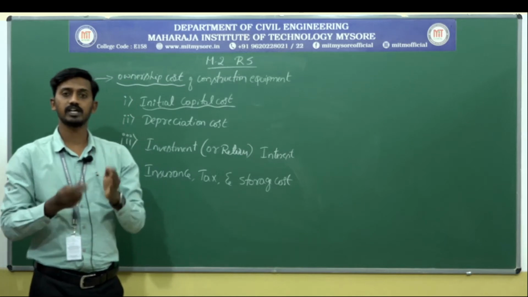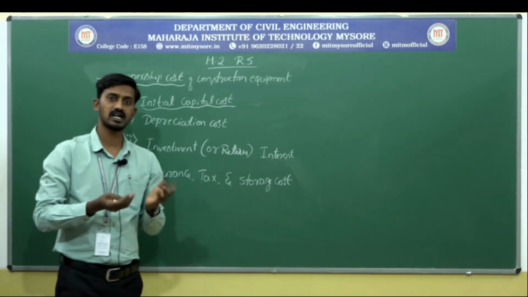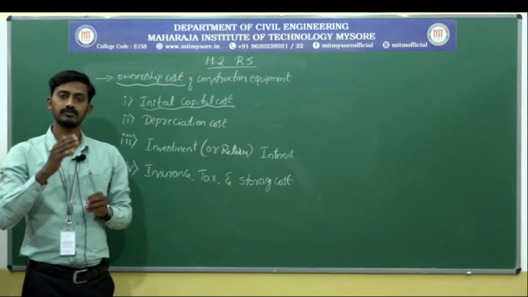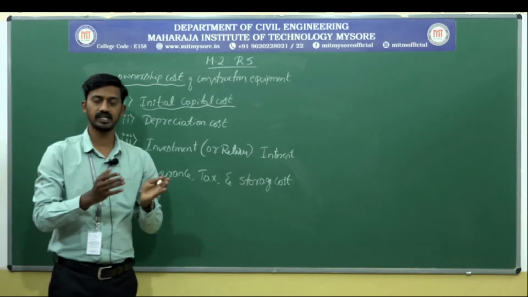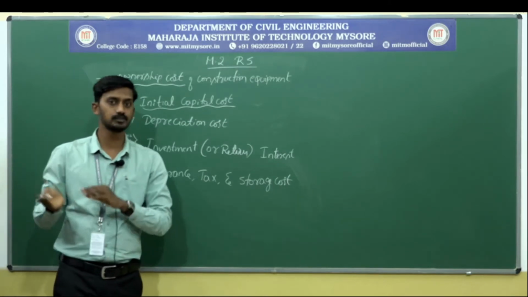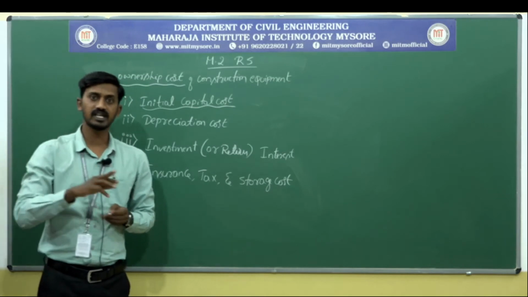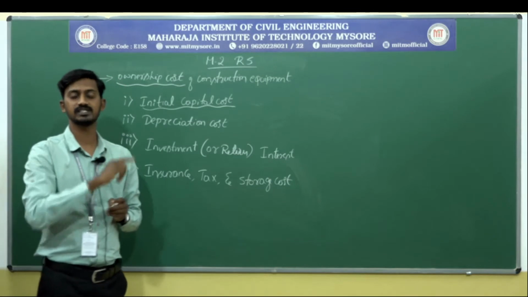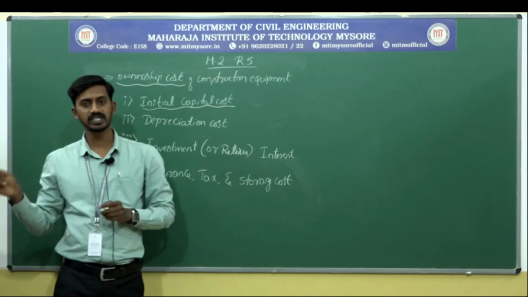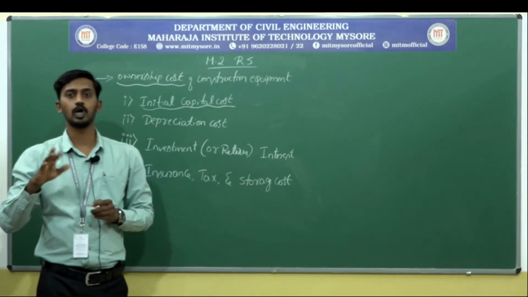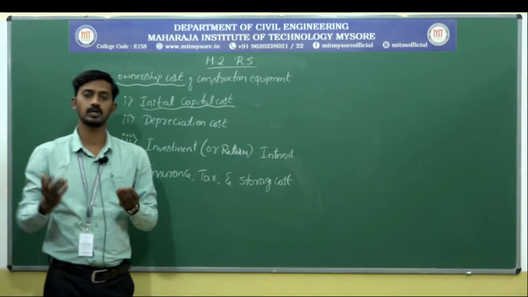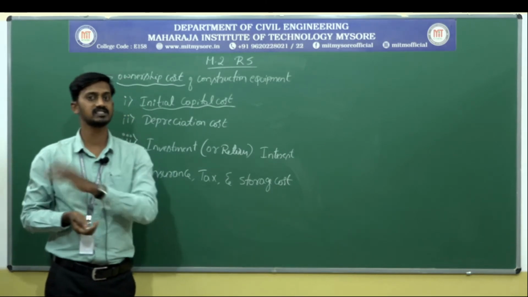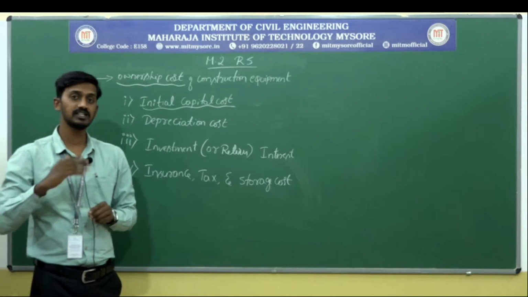That initial cost can be considered from where the equipment or the machinery starts, from the factory. From the factory it is booked, and to reach that level it has to be shipped, right? The transportation cost is also involved in the initial cost. Once the transportation is done to the operating site or the contractor's yard where the equipment has reached, at that moment you cannot directly use it.